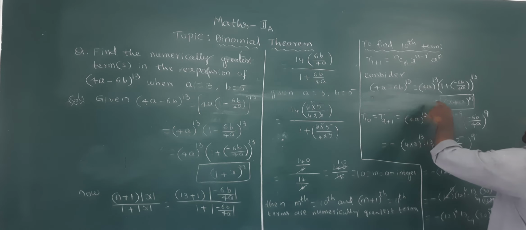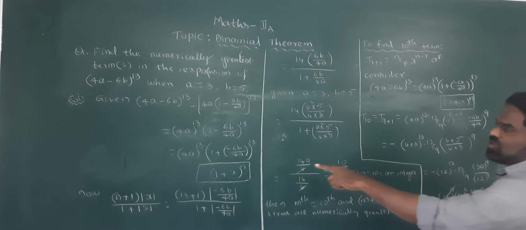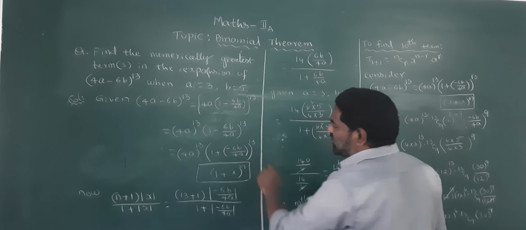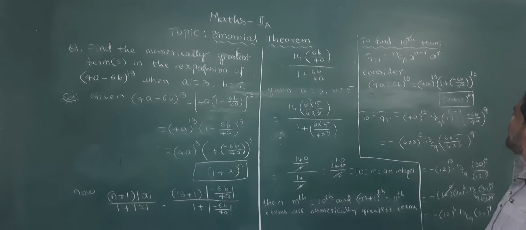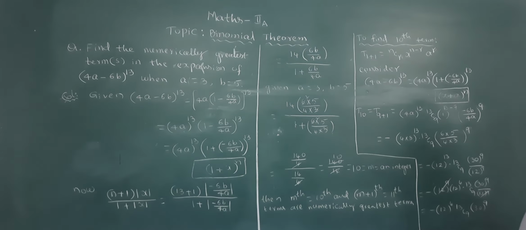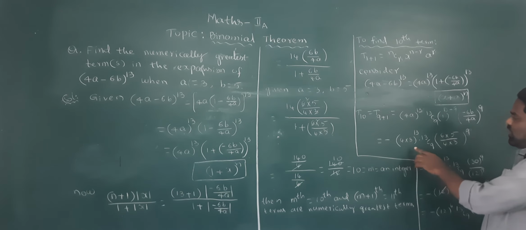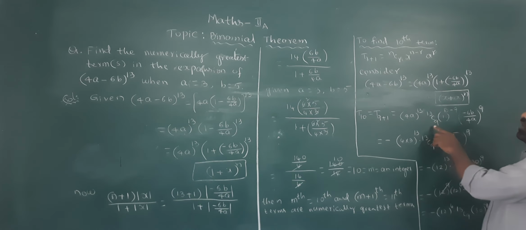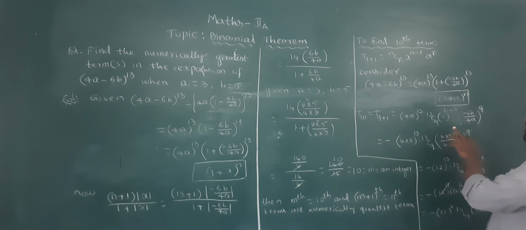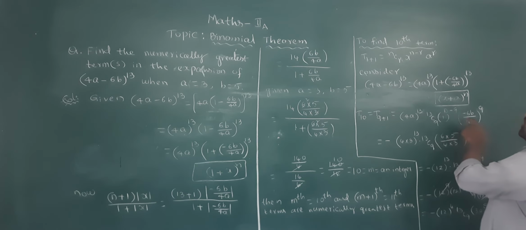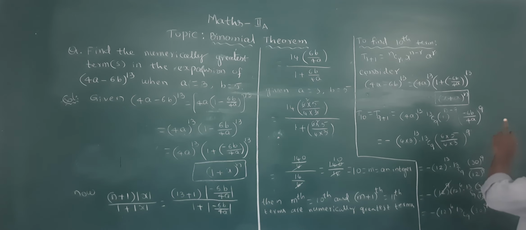This is the expansion, which can be written as (4a)^13 times (1 plus minus 6b by 4a) whole power 13. 4a power 13 take as it is. 13C r is 9, 4a power 13 minus 9, into (minus 6b by 4a) whole power 9. It has a negative value but an odd power, so the total term is negative.